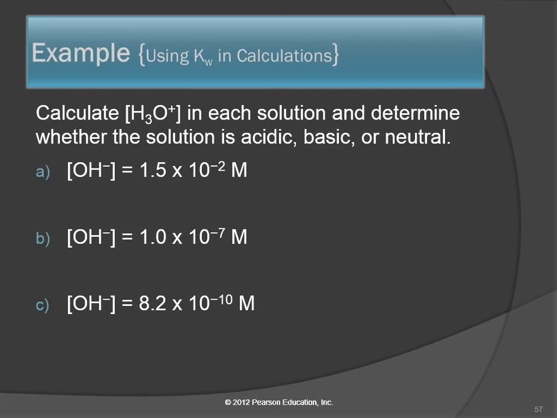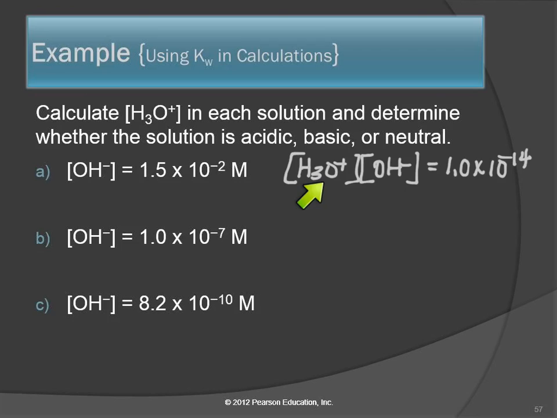So the equation that we have is the Kw one, and you don't really need the Kw in there. So I'm just going to write the bare bones. Hydronium times hydroxide equals 1.0 times 10 to the minus 14. So I need to rearrange this equation and solve for hydronium ion concentration. So I'm going to divide by hydroxide on both sides.